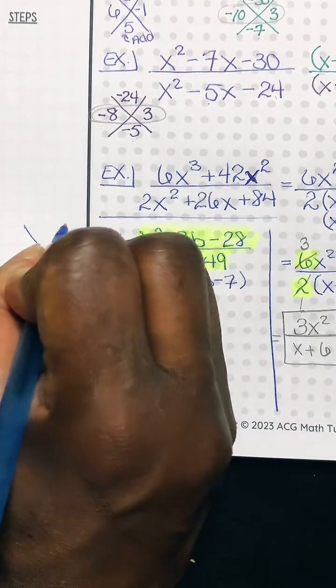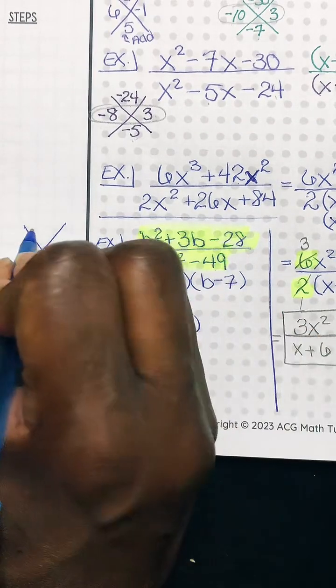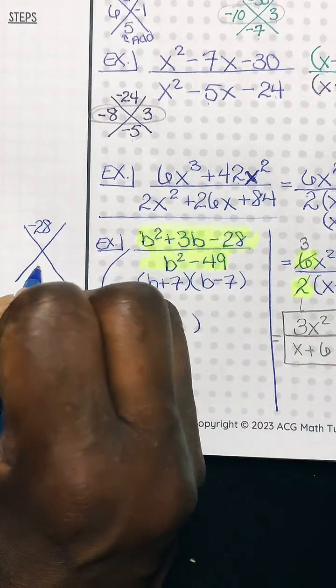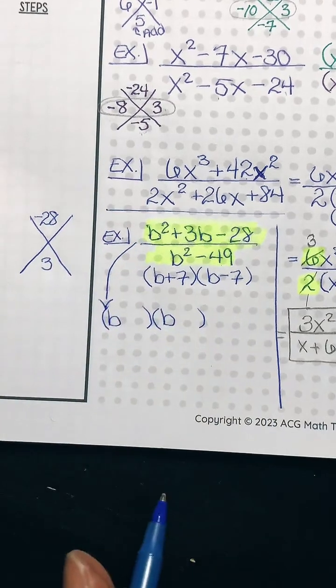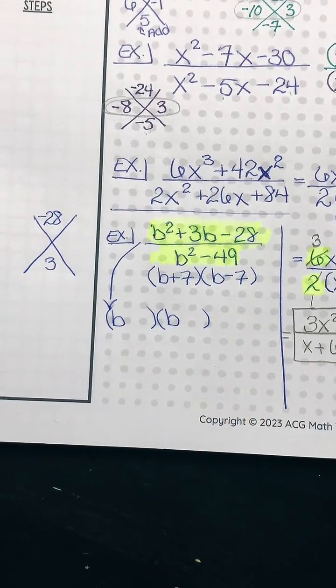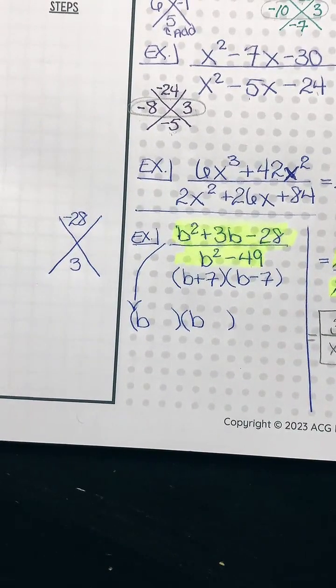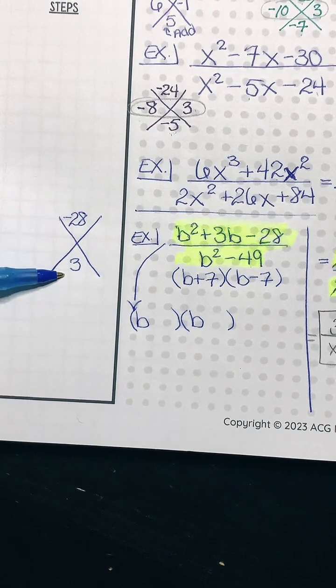What two numbers multiplied together will give me a negative 28 and add together to give me 3? And I'm going to tell you over and over again, this is the toughest part. Okay? So what number multiplied together will give me a negative 28 and add together to give me 3?